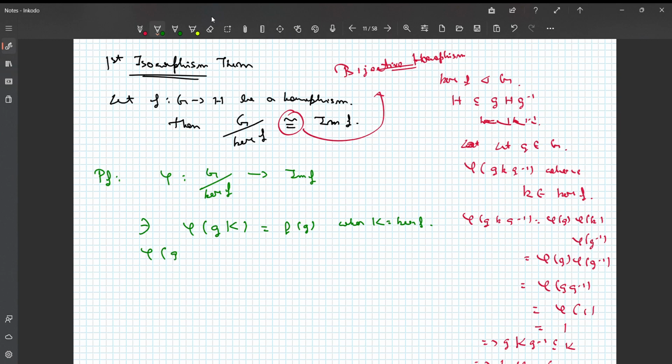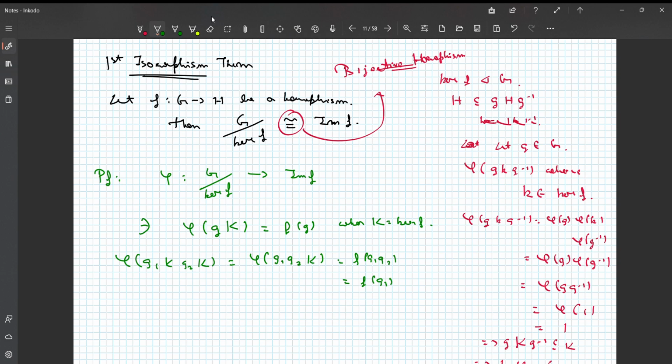So what is phi of G1K G2K? Yeah. So this is phi of G1 G2K, but phi of G1 G2K is F of G1 G2, and F is a homomorphism.